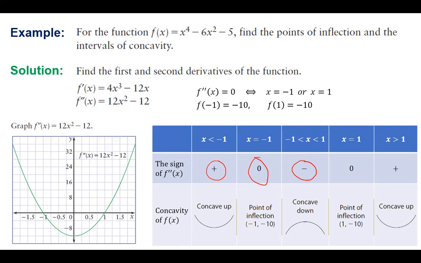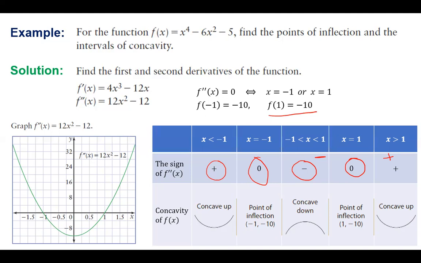Then let's check the other point, when x equals +1. Before x equals +1, the sign of the second derivative is negative. And after x equals 1, the sign of the second derivative is positive. Again, the second derivative changes sign at x equals 1, right? Therefore, we say when x equals 1, or at the point (1, -10), this point is called a point of inflection, right?